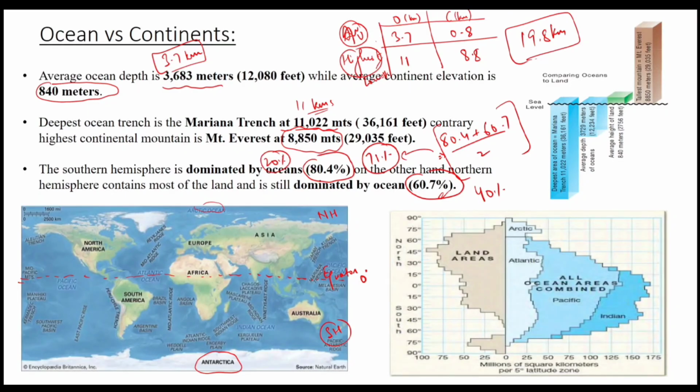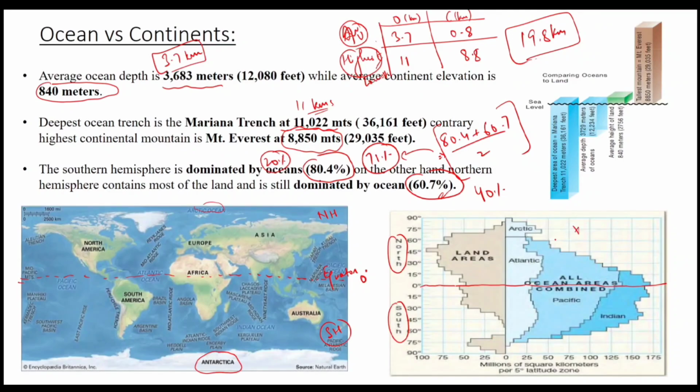This is also mentioned, a very important diagram. You can see this is the northern hemisphere, this is the southern hemisphere, and the equator is going through here. What is the distribution of land area?